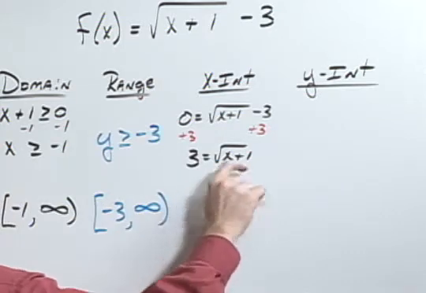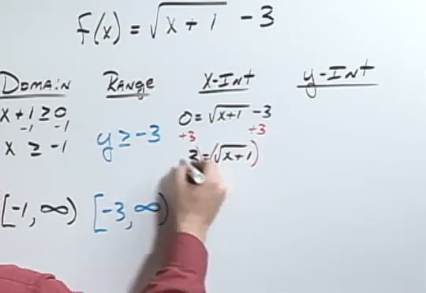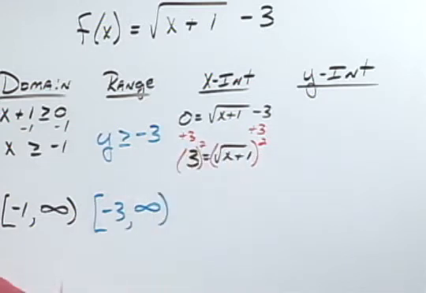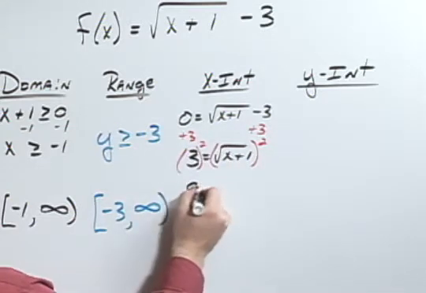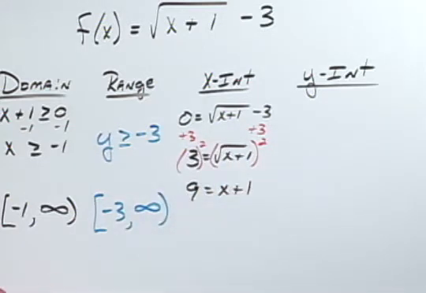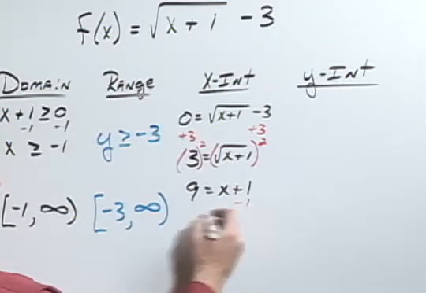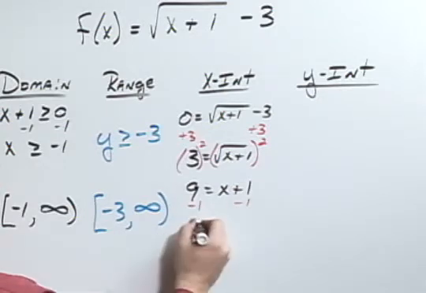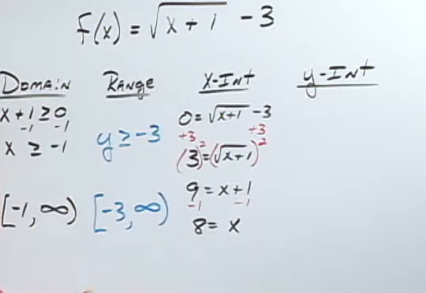To eliminate the square root, I square both sides, so that I have 9 equals x plus 1. Subtracting 1 from both sides, I get 8 equals x. Since this is an x-intercept, I'll have (8, 0) as my coordinate.